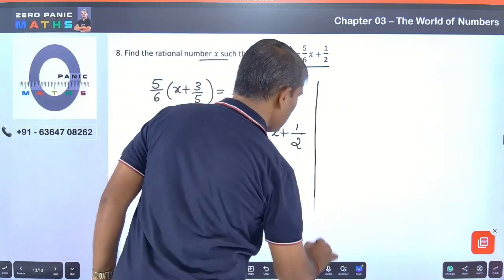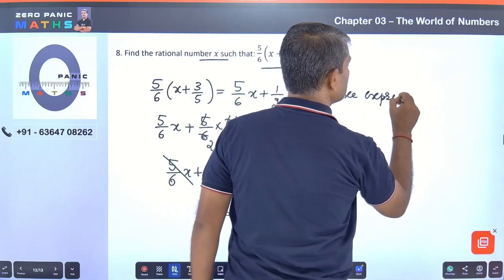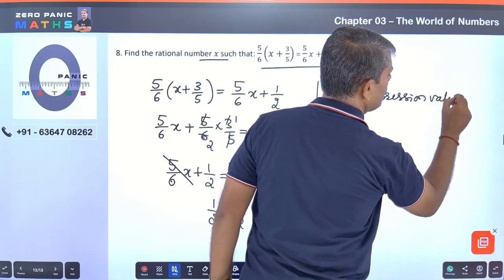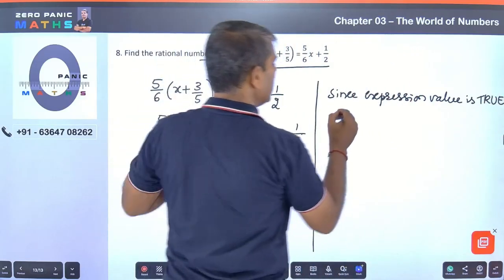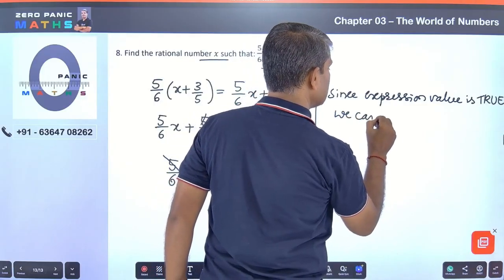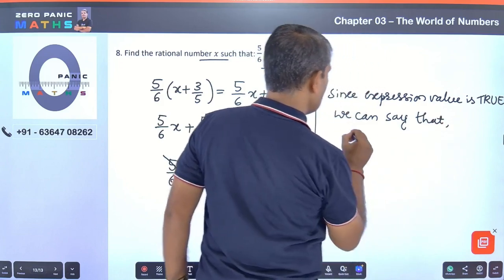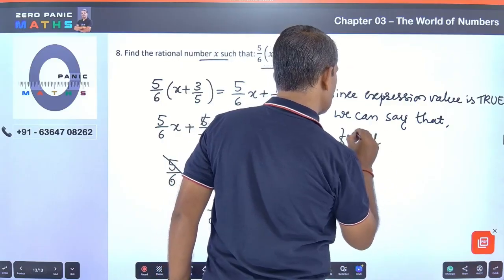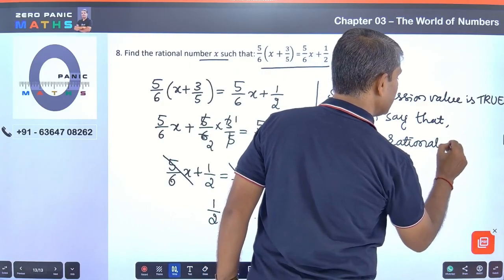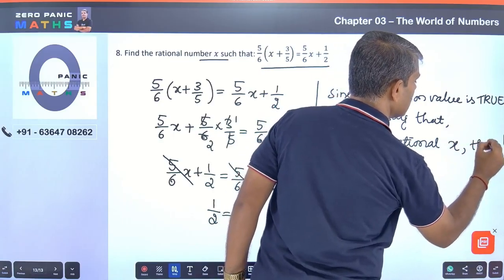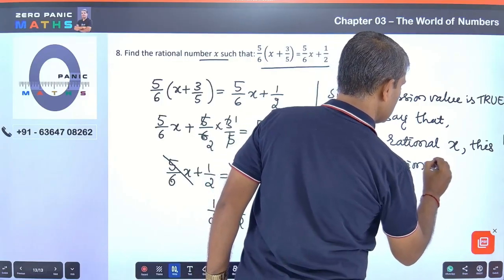So therefore you can say that since the expression value is true, we can say that for all rational values, for all rational x, this expression is true.